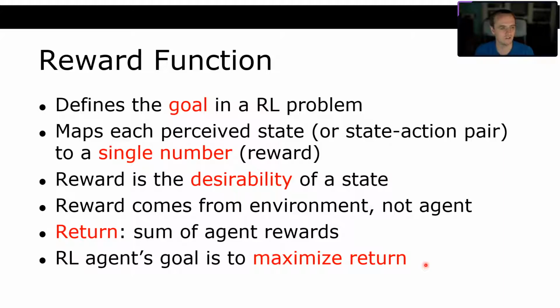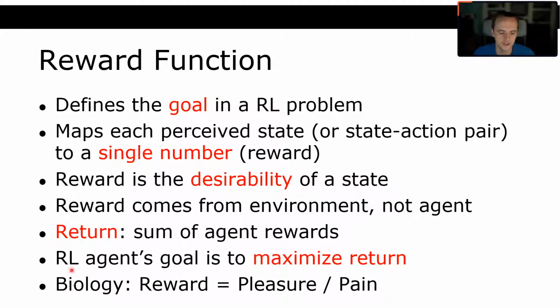Because returns are the sum of the reward over the entire reinforcement learning process. You're not necessarily trying to maximize the next time step's reward. You might have 100 time steps to go. So what you're trying to do is maximize the expected value of the return over time.